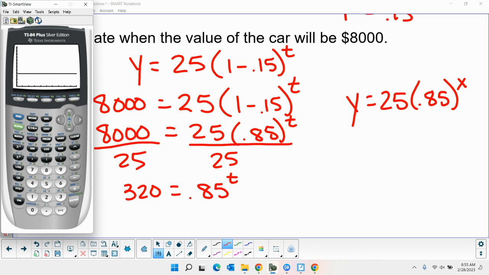There's our 8,000. Why didn't our other one show up? What did I do wrong? X, 0 years to 10 years, going by ones. And then 0 to 25.